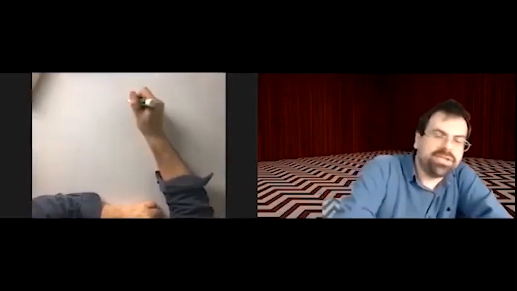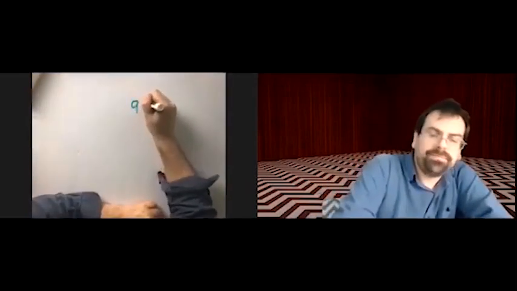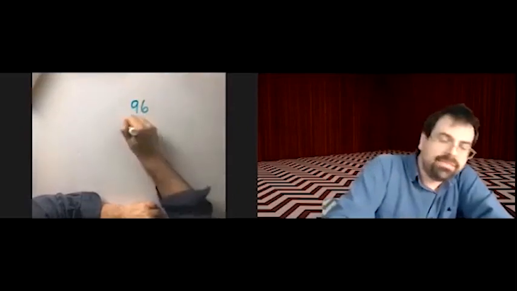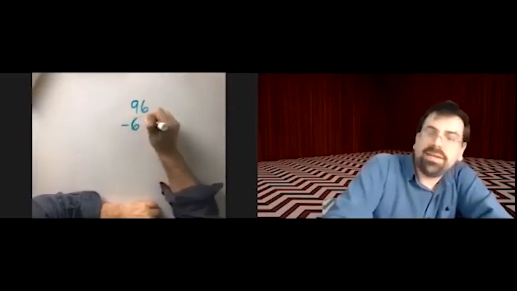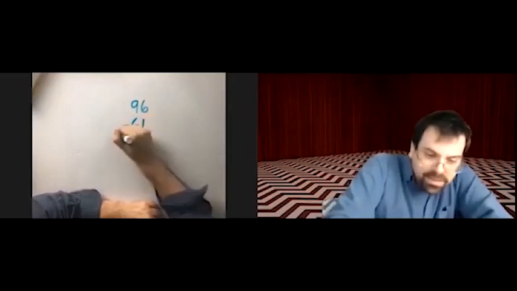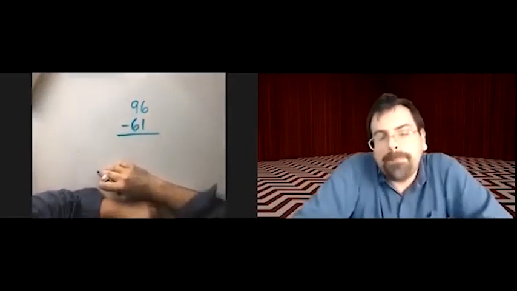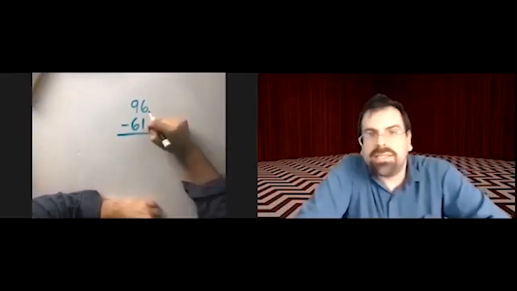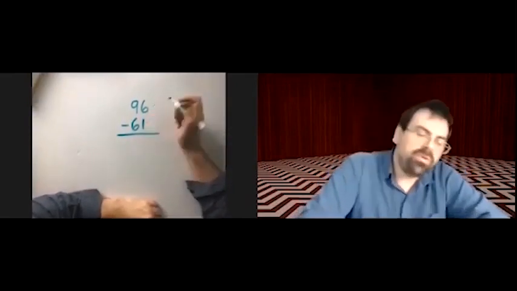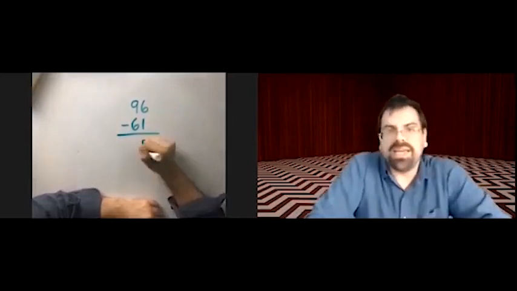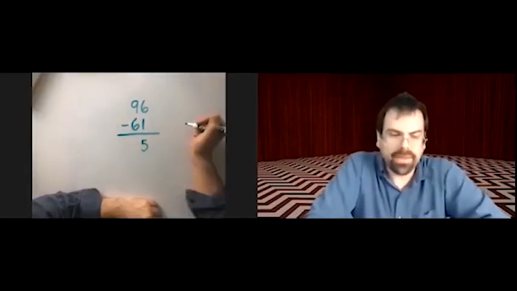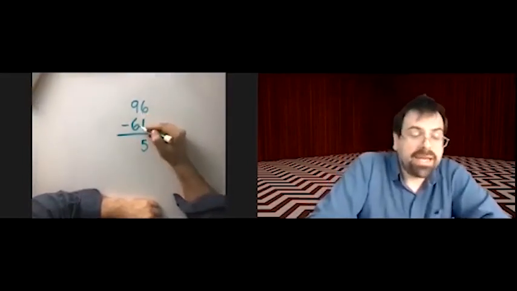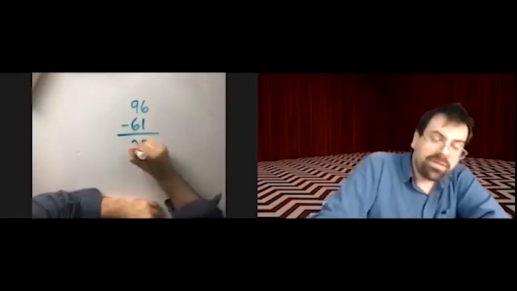Let's talk about subtraction. We're going to line things up the same way we did for addition, but instead of plussing, we are going to minus. 6 minus 1, 6 take away 1 would be 5. We're doing the columns same way. 9 minus 6 would be 3.